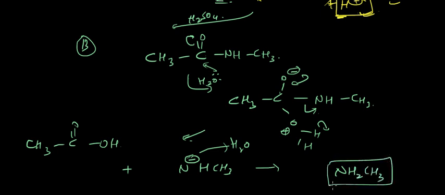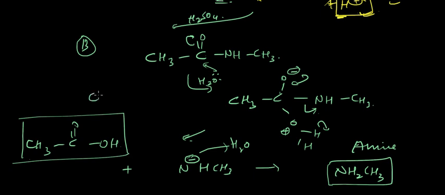So we'll be getting an amine, okay, a primary amine, and we'll be getting carboxylic acid as product C and product D, acetic acid.